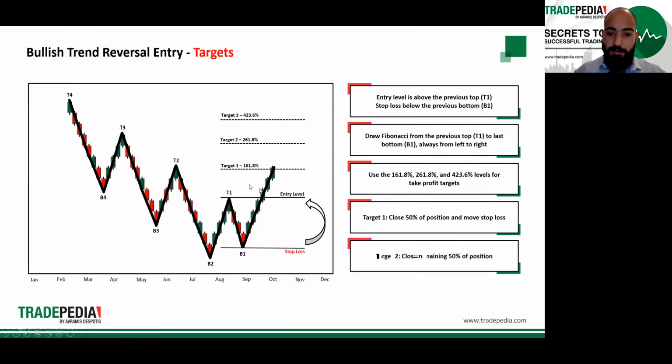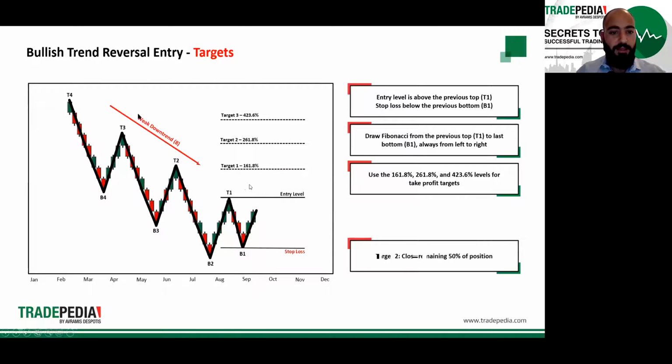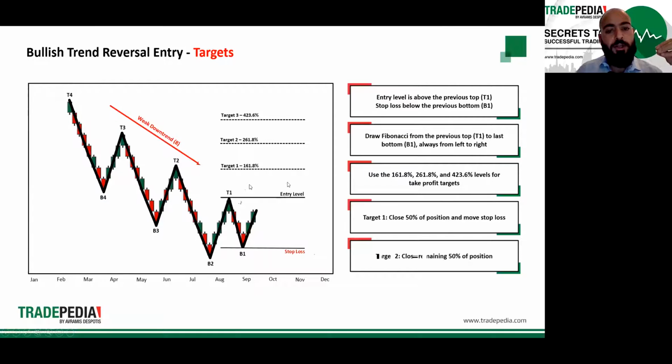So again, the indicator will identify the weak downtrend. It will identify the trend reversal strategy. It will highlight the entry, stop, and target levels. All you have to do is place your orders. After placing your order with the stop loss and the targets, when prices reach target 1, you close 50% of your position. If you want to close everything on target 1, it's totally up to you.